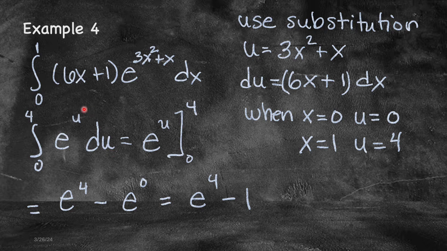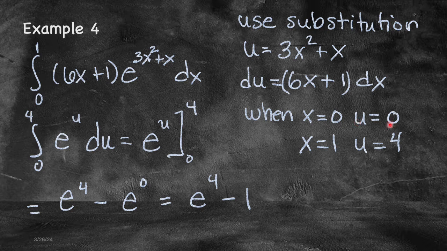But now we have to make sure that we change our limits of integration to reflect the fact that we're doing this in terms of u. So we need to figure out what the values of x equals 0 and x equals 1 are compared to the values of u. When I plug 0 in for x in 3x² + x, I'm going to get that u is also 0.